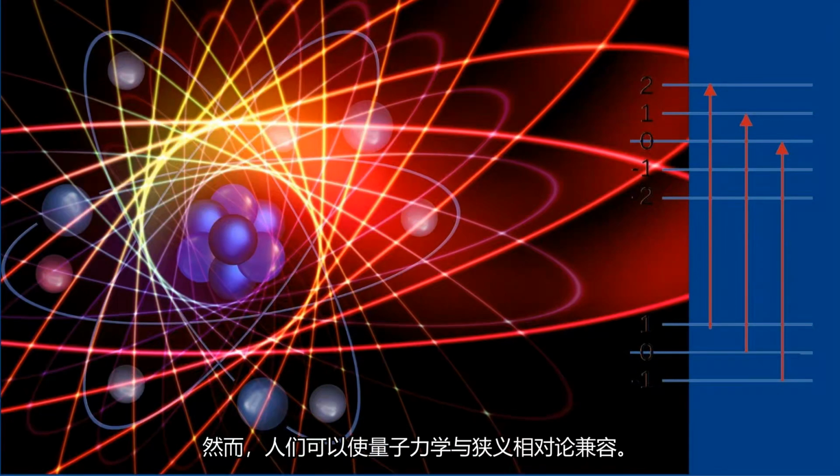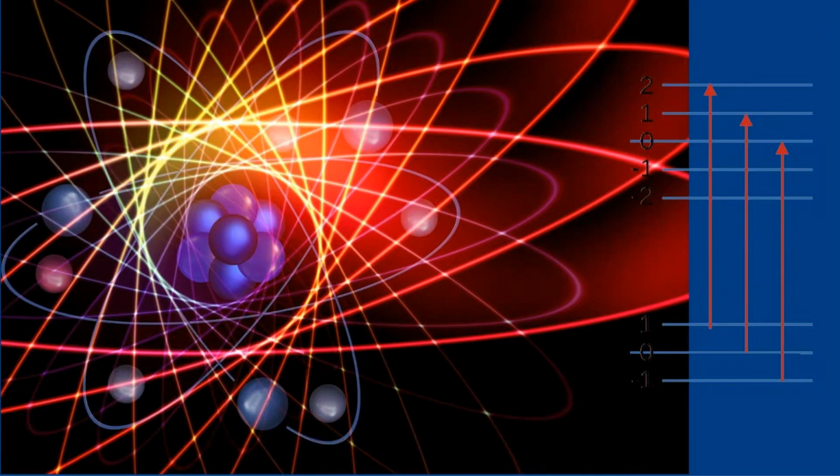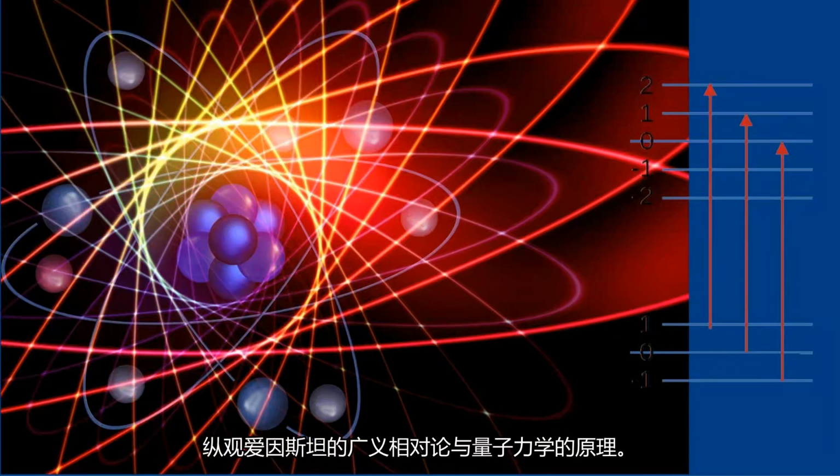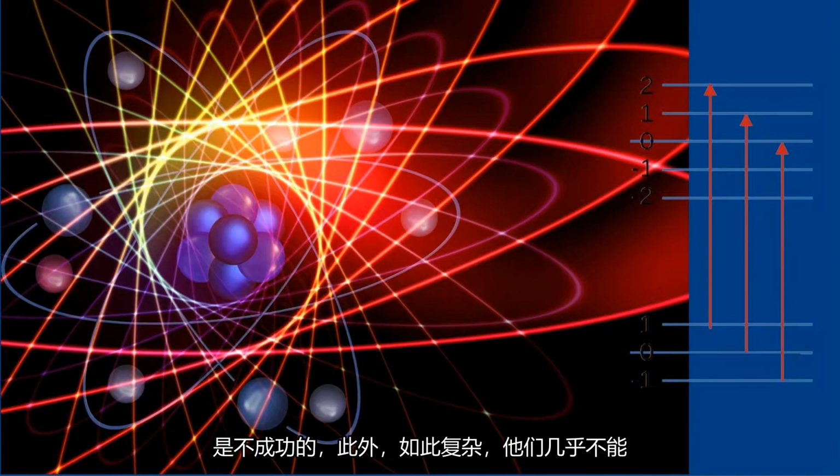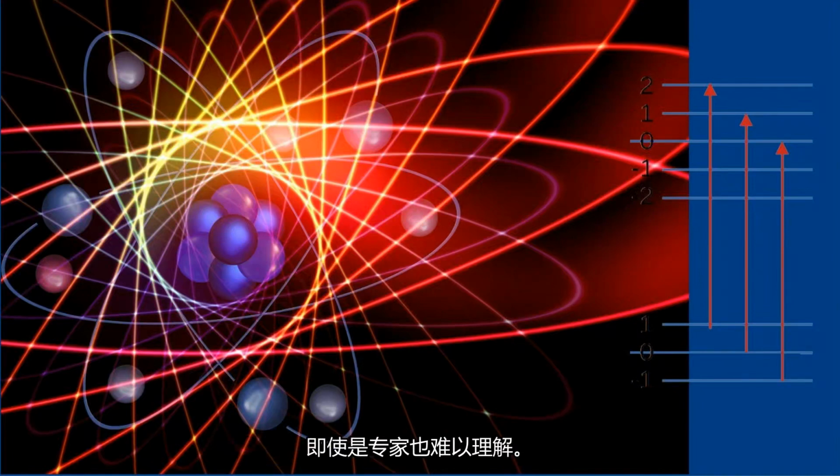However, one can make quantum mechanics compatible with the special theory of relativity. However, until now it has not been possible to combine the principles of Einstein's general theory of relativity with those of quantum mechanics. There have been many theoretical approaches in this direction, but they were unsuccessful and, moreover, so complicated that they can hardly be understood even by experts.